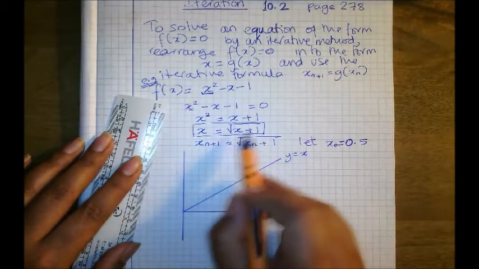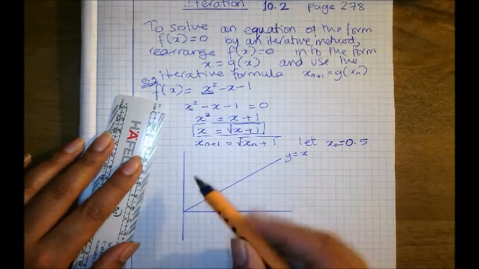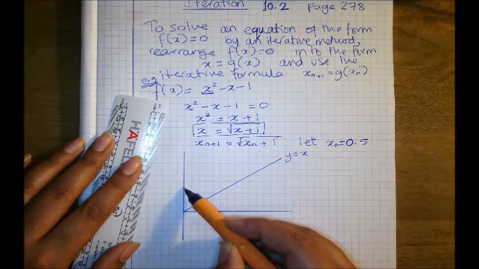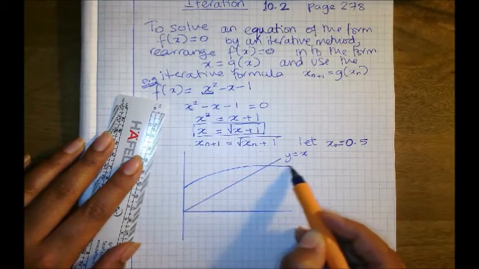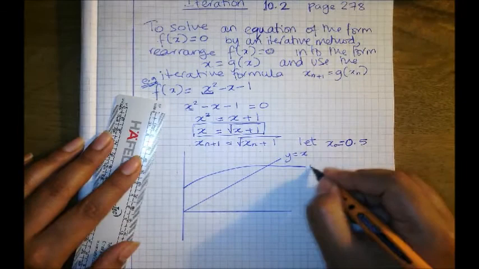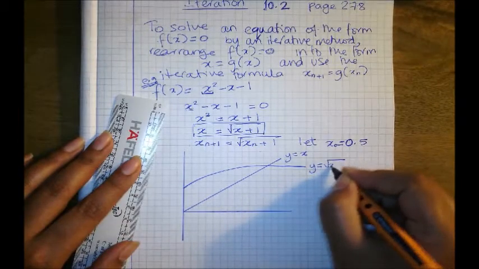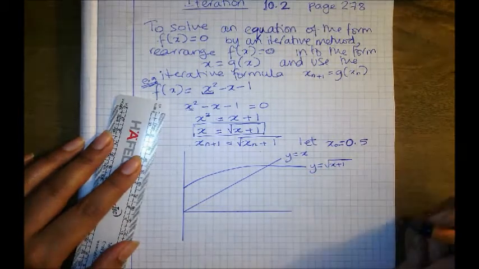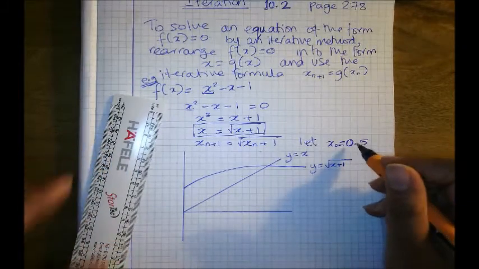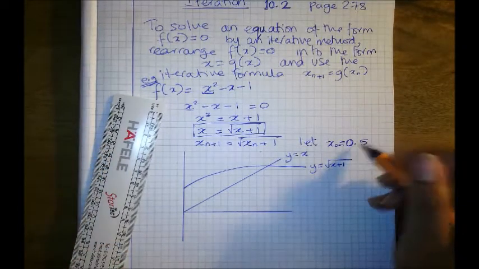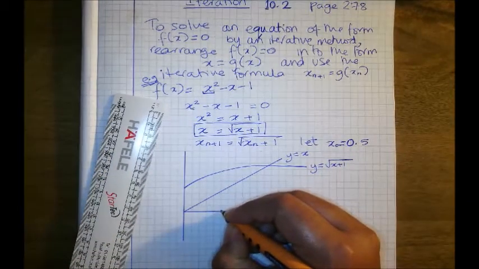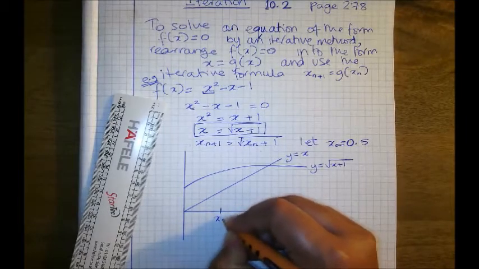Okay, so this formula and this starting value is going to produce something like this. Now, as you can see from here, what 2 graphs shall I draw in order to find a root to this equation? Okay, so think about that while I draw this.